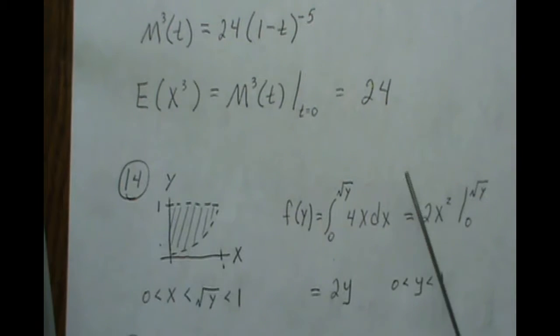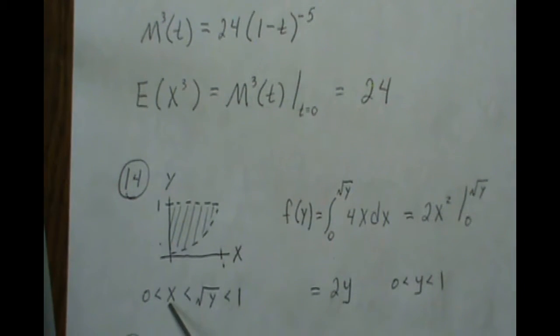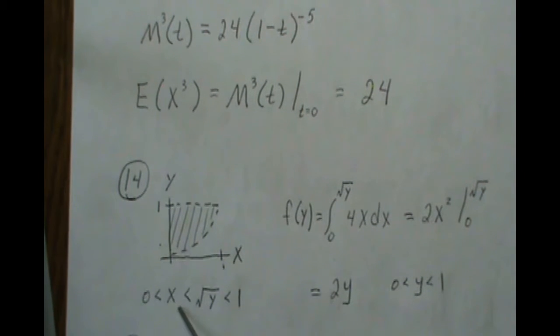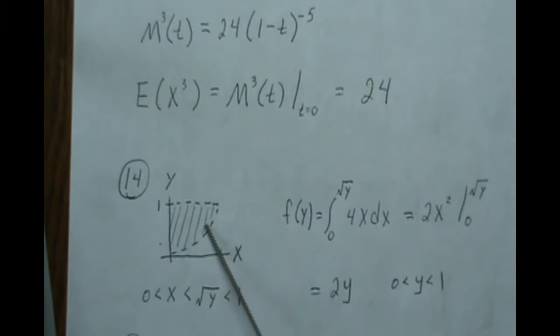So, I am a visual person, so I always like to draw the region. So here both x and y are between 0 and 1, and this relationship, which is this. So it's y is greater than x squared.